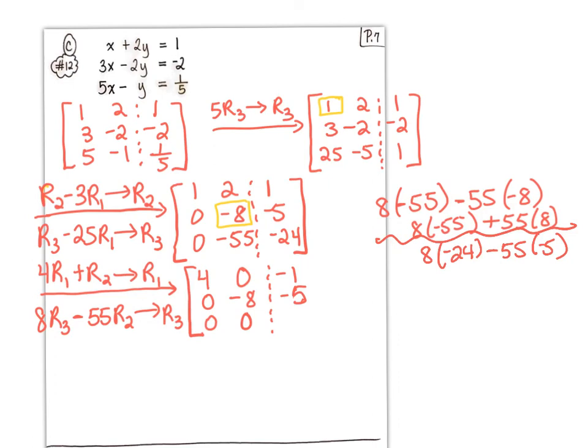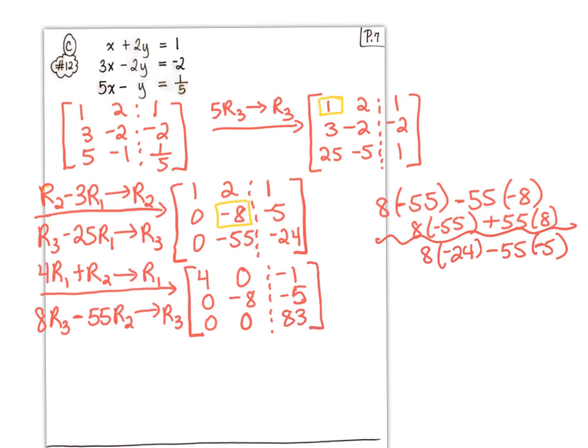What's 8 times negative 24 minus 55 times negative 5? What do you get? Very good. You get 83.